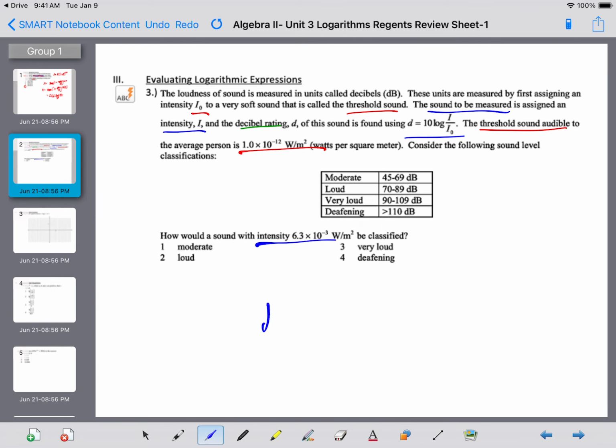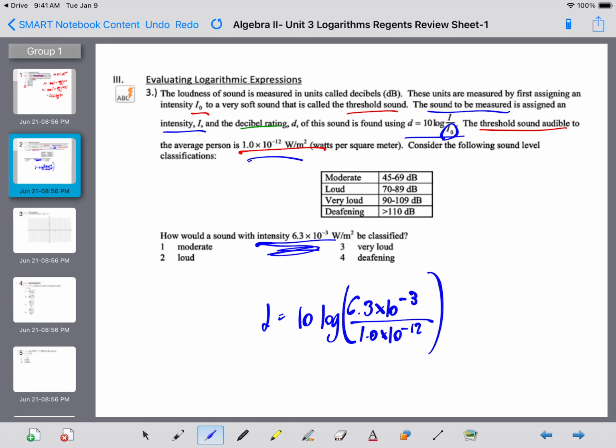D equals 10 log, the intensity is 6.3 times 10 to the negative 3 over I naught, which is the threshold sound, so 1.0 times 10 to the negative 12. Make sure you're putting this in parentheses because it's the log of that ratio.